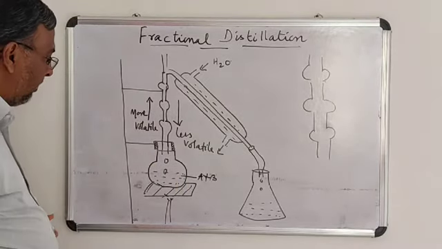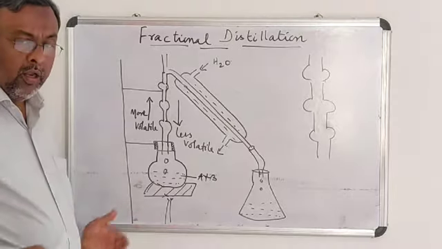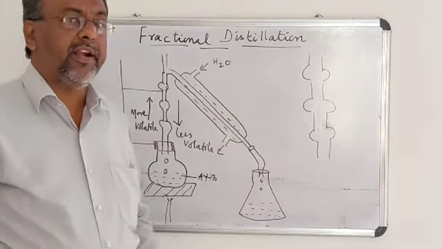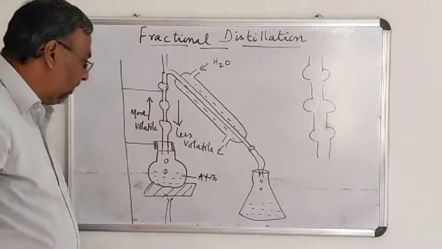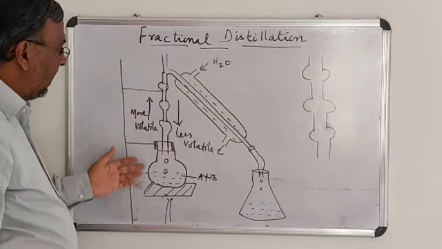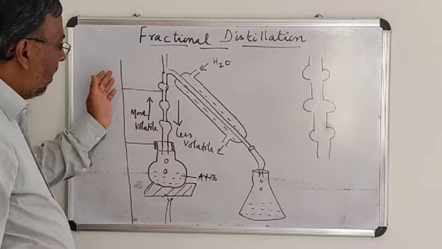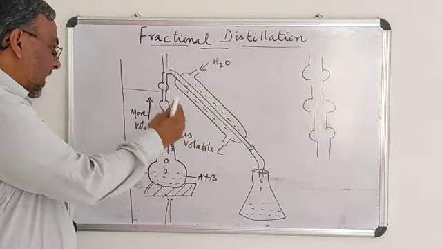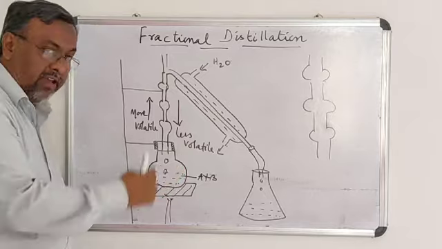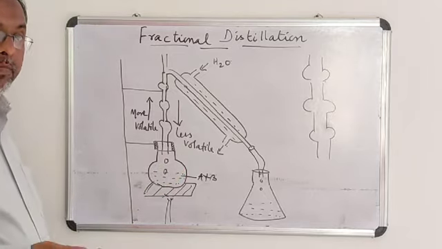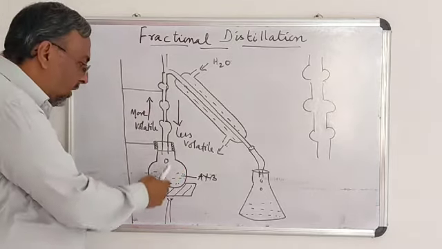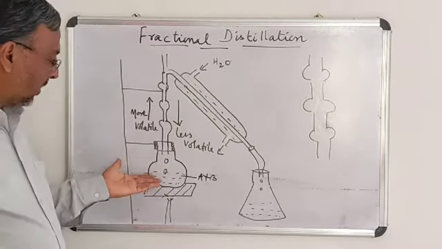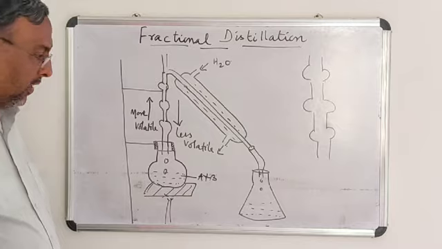So in this way, on repeated distillation, the more volatile liquid vapors are collected very easily. The less volatile liquid, which has a higher boiling point, will come down and be collected in the round bottomed flask.